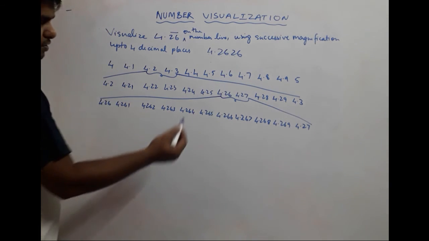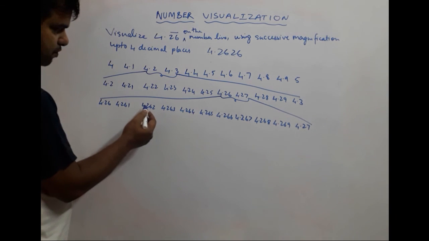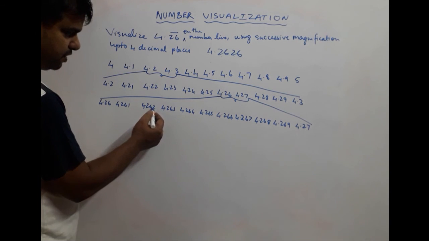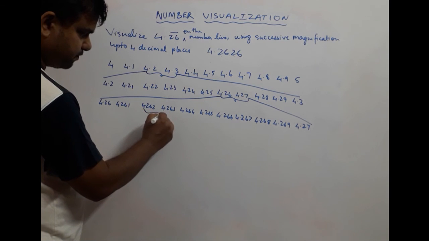What we need next is 4.2626. That means 4.2626 will come between 4.262 and 4.263.